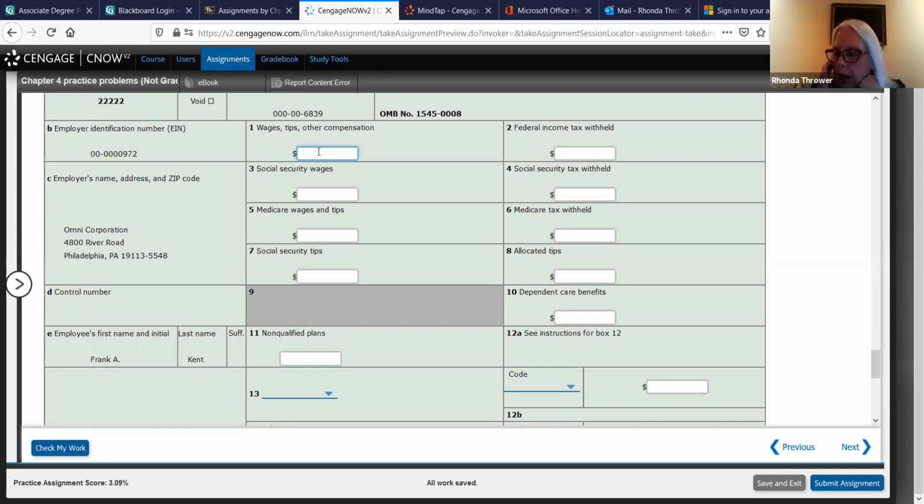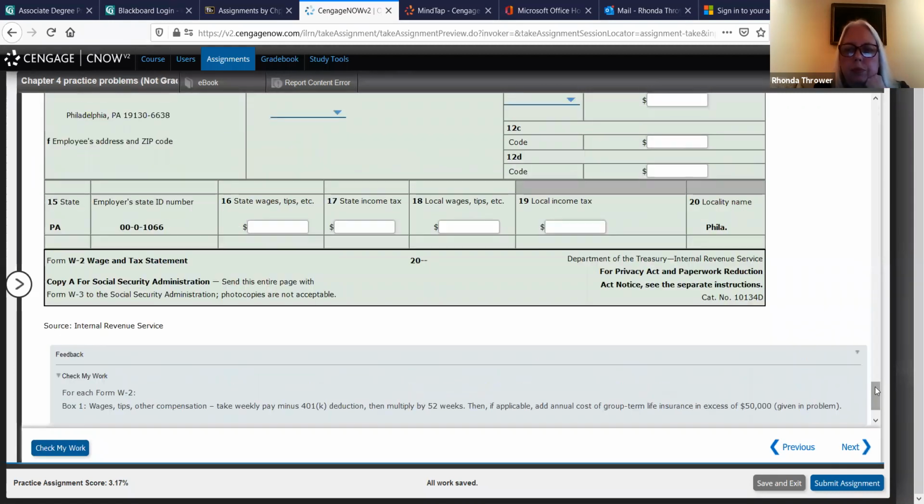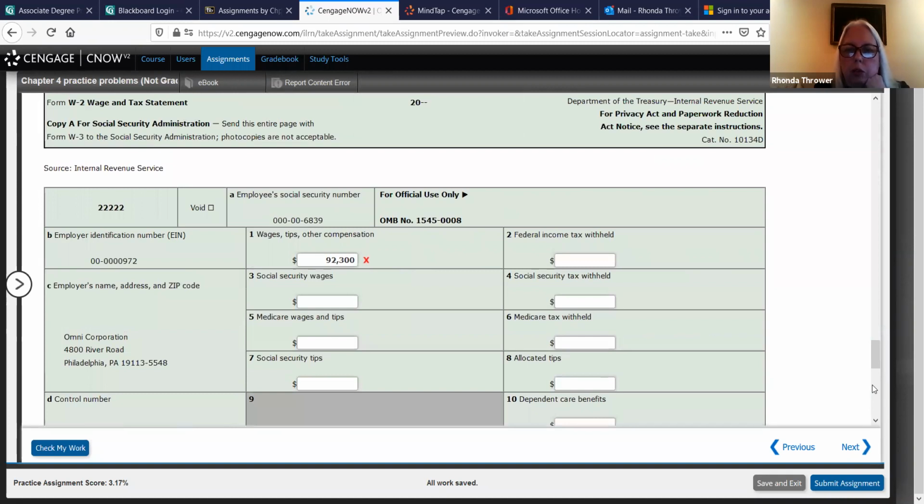When you multiply that by 52, it's going to give you 92,300. And I would check my work. Just make sure that's right. And obviously it's not. So 1875 minus 100 times 52 is 92,300.